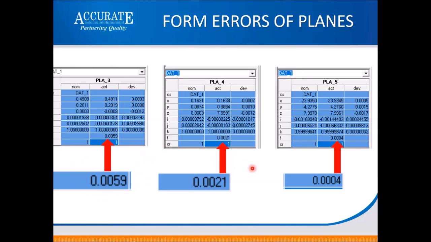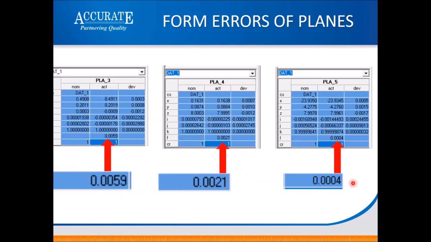When the tab plane on the top is measured with points on every tab, that plane number 4 measures its form 2.1 micron. So it is better than the bottom plane.